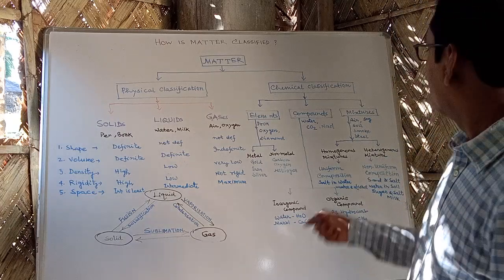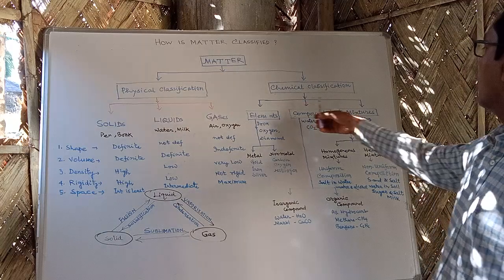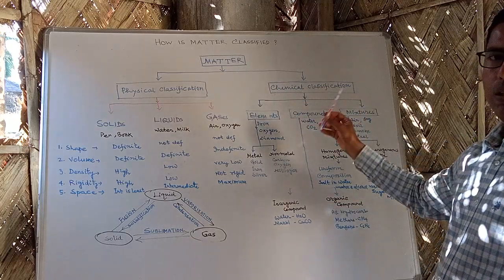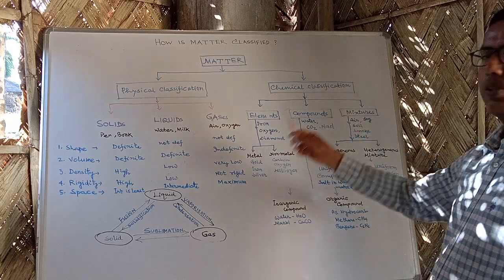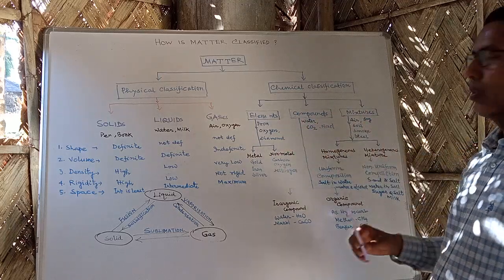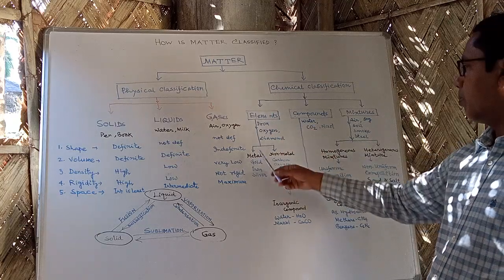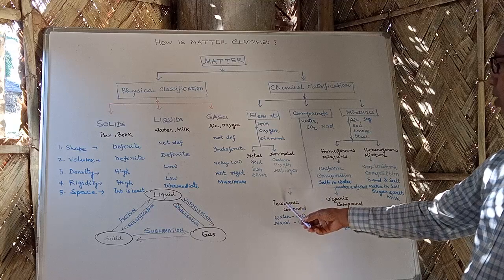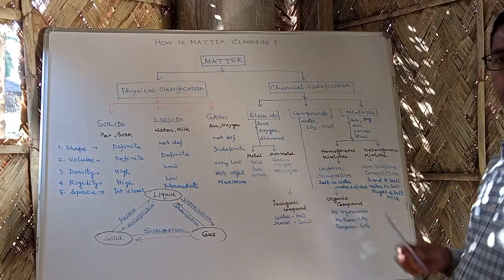Again we can say that on the basis of chemical classification, matter is of three types: element, compound and mixture. Elements are of two types: metal and non-metal. Compounds are broadly of two types: inorganic compounds and organic compounds.